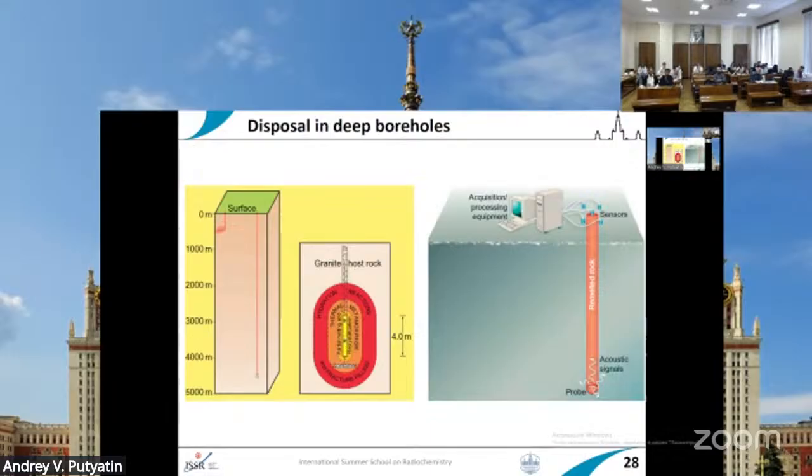You just need to dig a borehole with a diameter large enough to put in a cask with the high-level waste or spent nuclear fuel, so a small diameter compared to the 6 meters of the well. You place the cask down to, let's say, 2 or 3 kilometers in depth, and then close the rest of the borehole. That means you will have more than 2 kilometers of natural barrier that will prevent the release of radionuclides.